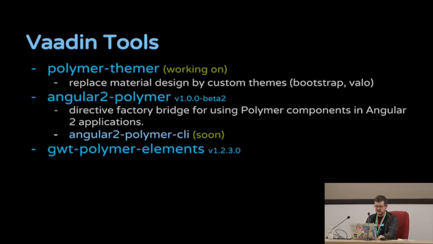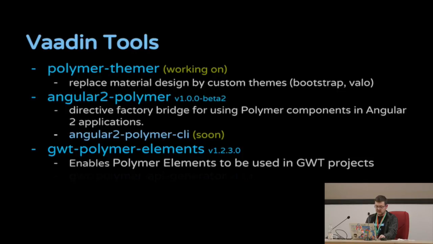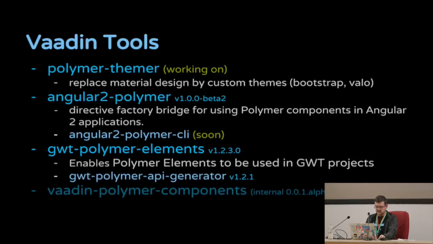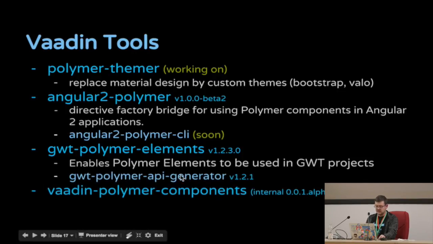As I said yesterday, there are Polymer Elements, and there is a Polymer API generator right now, but in the future we are going to use the same approach that Google is doing for Elemental 2. And Vaadin Polymer Components is something internal for the new framework that we are developing.